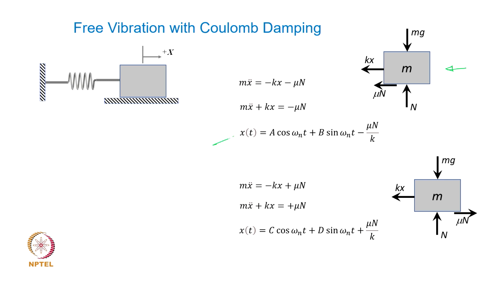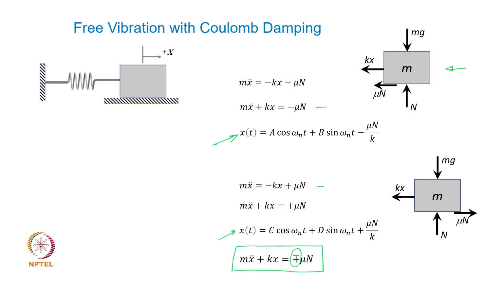So, this equation of motion is valid for one half cycle, and this equation of motion is valid for the other half cycle, and the overall governing equation of motion, instead of writing them separately like this, we can write them jointly like this, and later on we will discuss how we can take care of these plus minus signs by using the signum function.